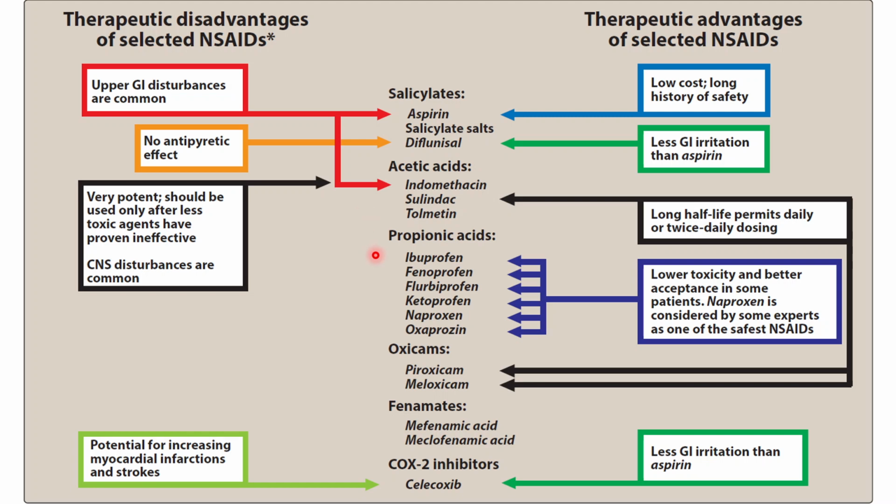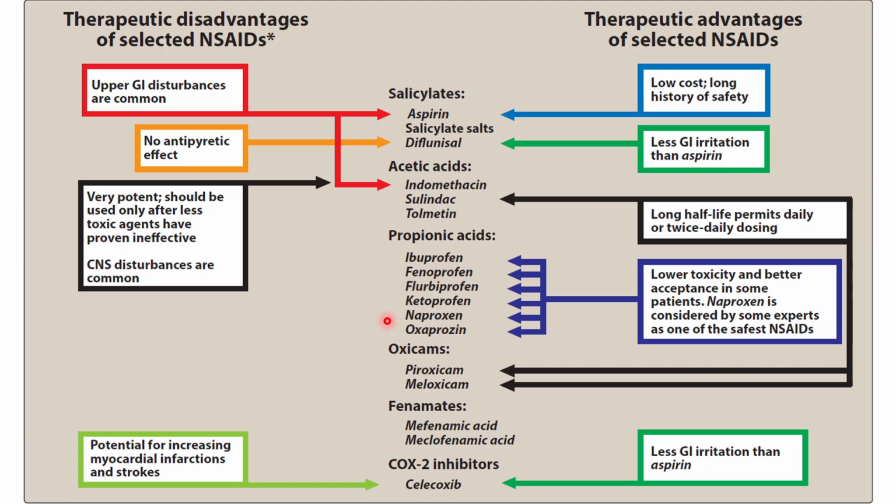Then the propionic acid derivatives are less toxic and less effective than the salicylates, and that is why ibuprofen is the safest of the NSAIDs after aspirin. That is why ibuprofen is commonly used even in children, from the age of 6.